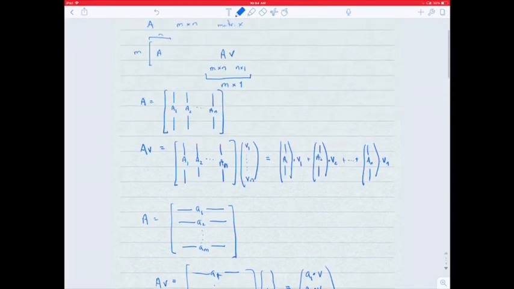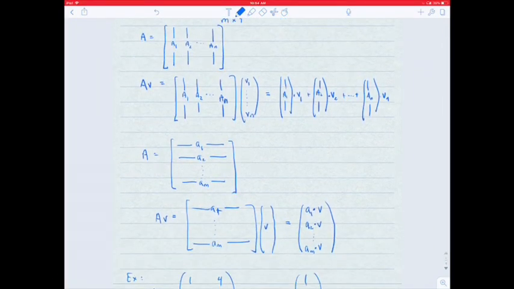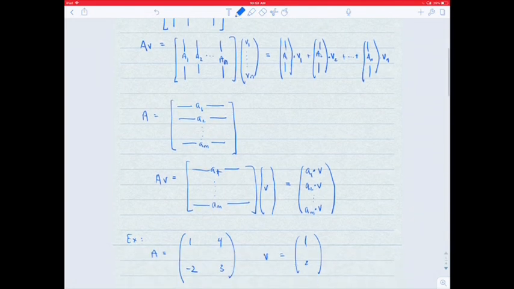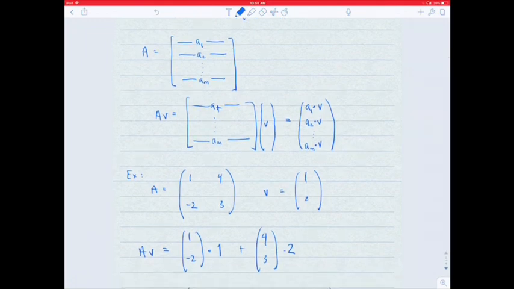And here we go. So the first view was in terms of the columns. This is not particularly helpful, I still have to do calculation to figure out what the first entry of this vector is. It represents Av as a sum of a bunch of vectors. But in the second view here, at the center of the page, I see that the first entry of Av is the dot product of the first row with all of v, and so on.